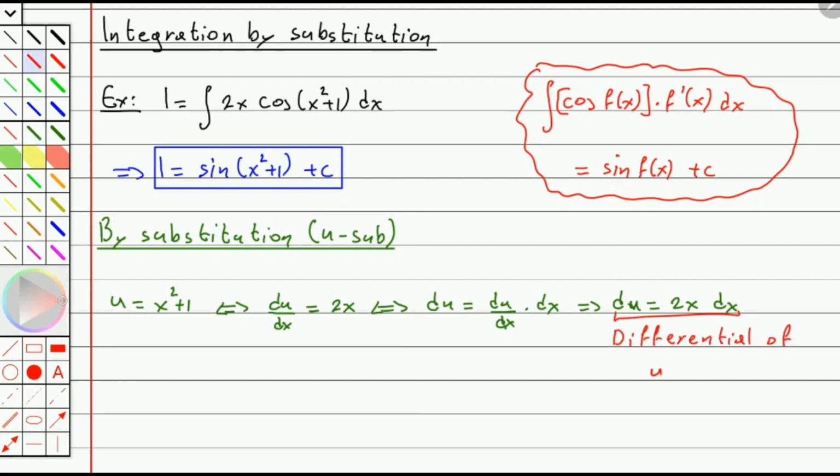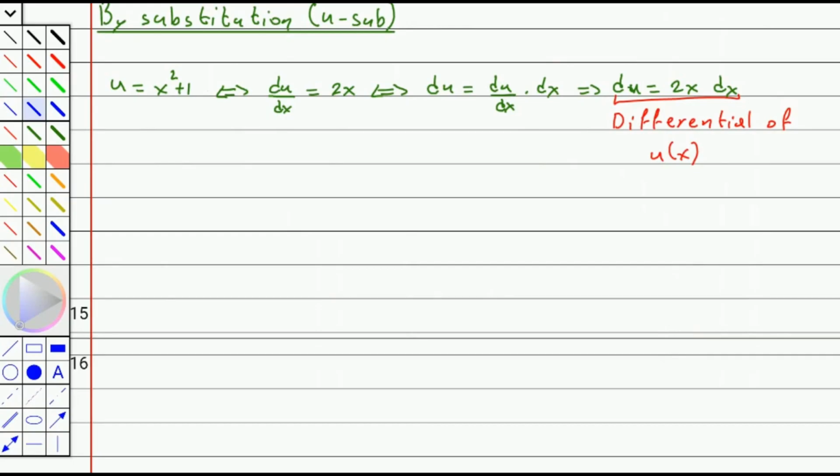So using this, we can see that I is equal to the integral of cosine of x squared plus 1, but let's bring the 2x on the other side of the cosine function, times 2x dx, and we can clearly see that if this is u inside the cosine, this is du.